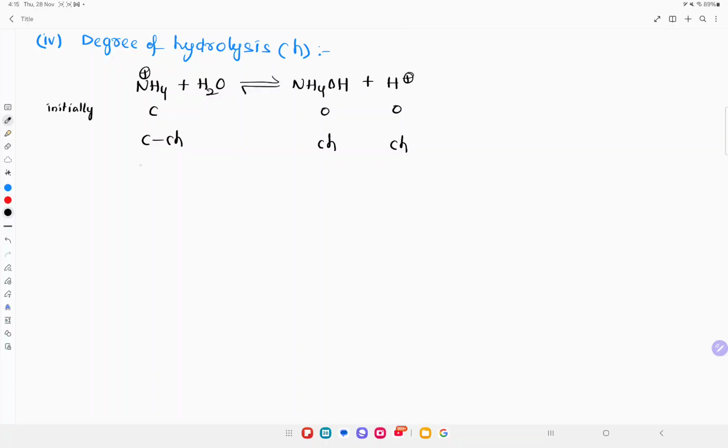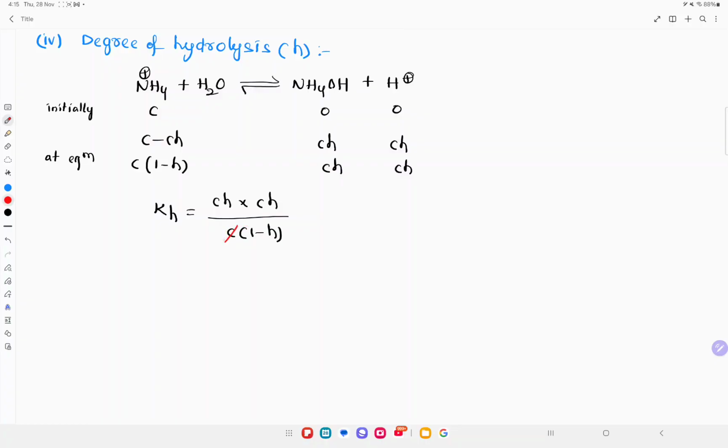So what is the concentration at equilibrium? At equilibrium, concentration of ammonium ion is C into 1 minus h, concentration of ammonium hydroxide is Ch, concentration of H plus is equal to Ch. And equilibrium constant Kh is equal to what? Ch into Ch by C into 1 minus h, product concentration by reactant concentration.